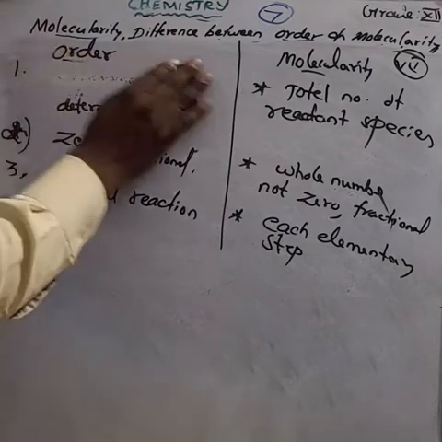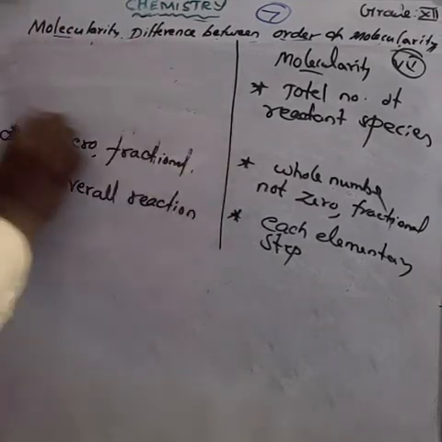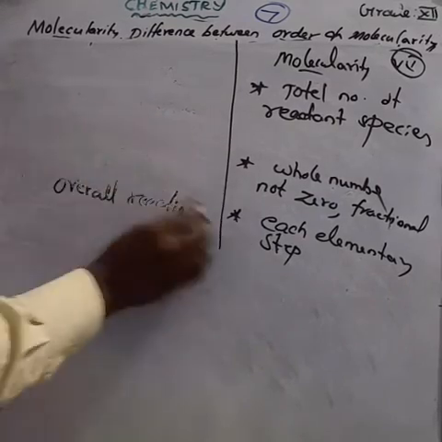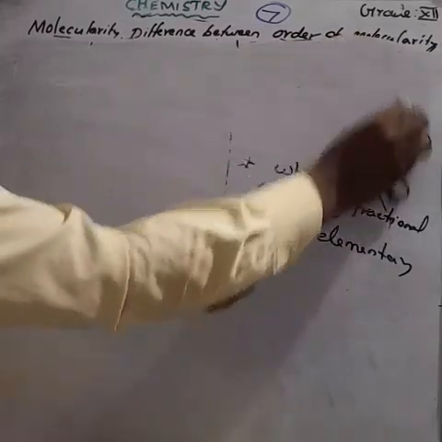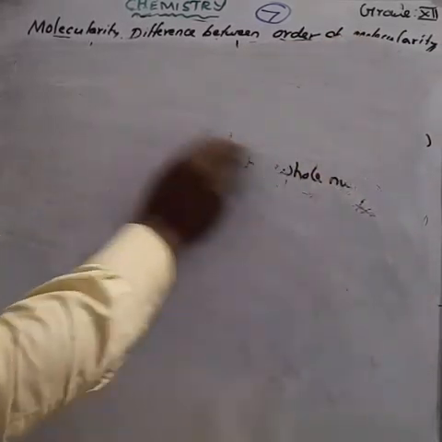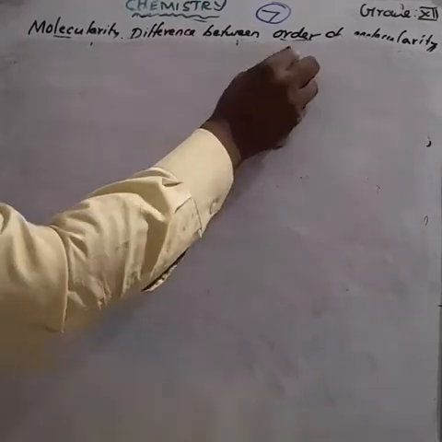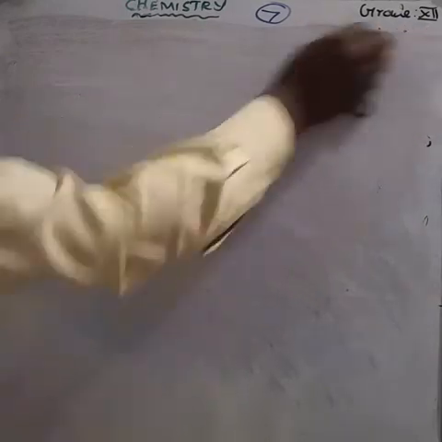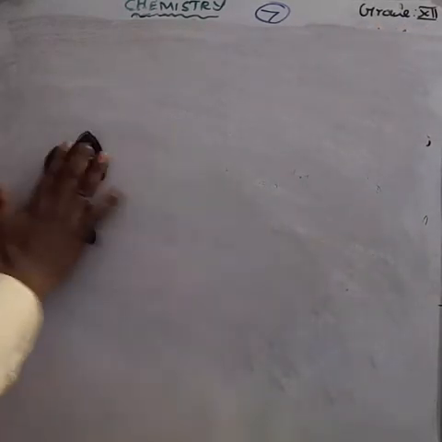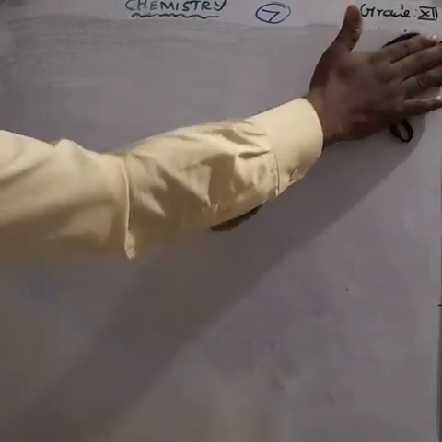So the first point: order of the reaction is the sum of powers of concentration terms involved in the experimentally determined rate law. Molecularity of the reaction is the total number of reactant species involved in the elementary steps.